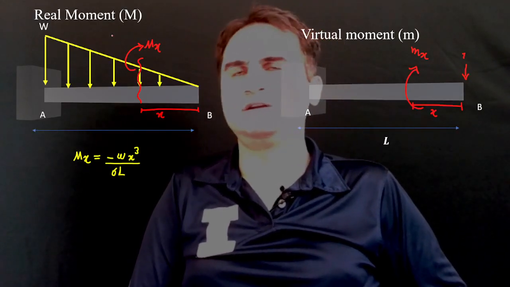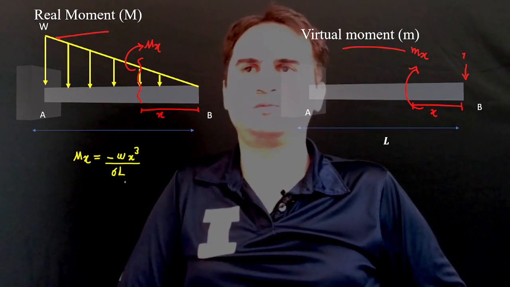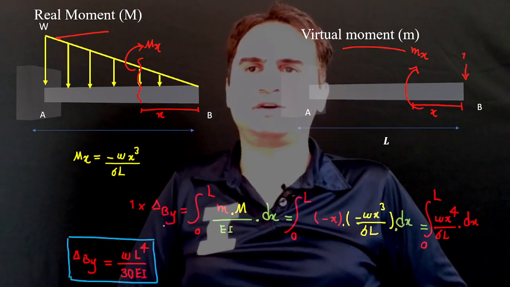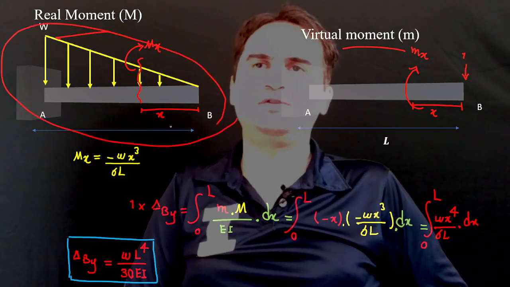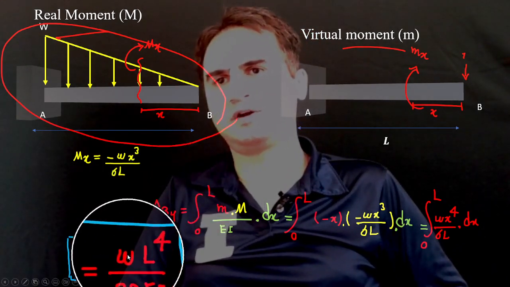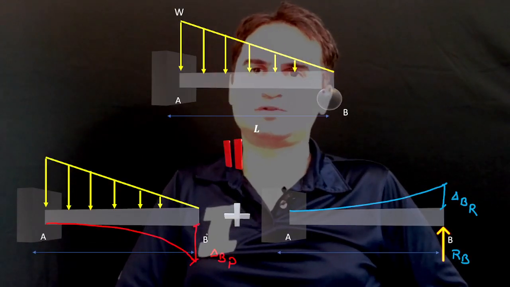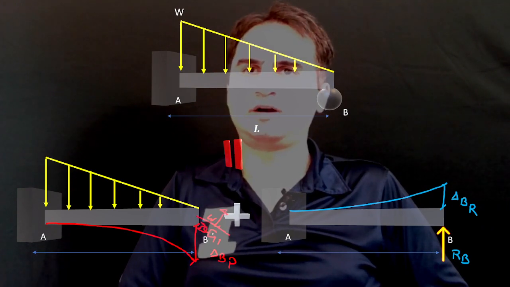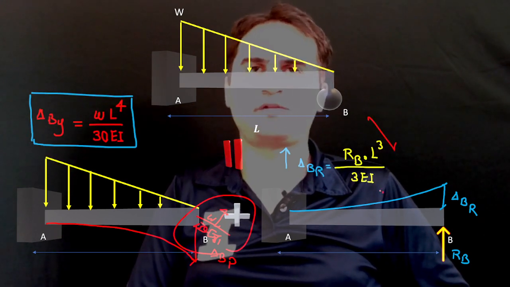So with the help of the virtual work method, we have real moment capital M, virtual moment small m, and 1 times delta B. For the determinate structure from A to B without any redundant support, delta B is equal to WL to the fourth over 30EI for the triangular load part, and the other part is RB L cubed over 3EI.